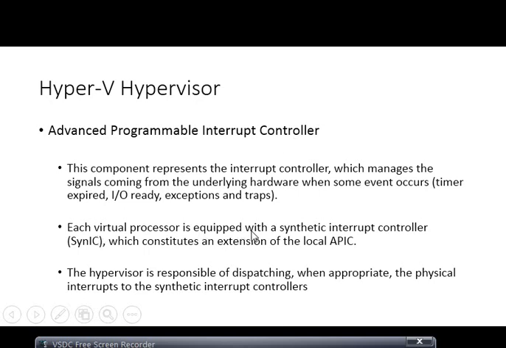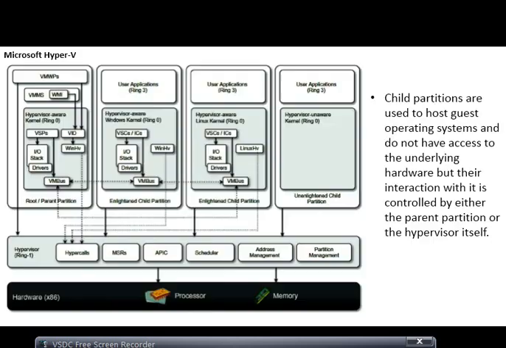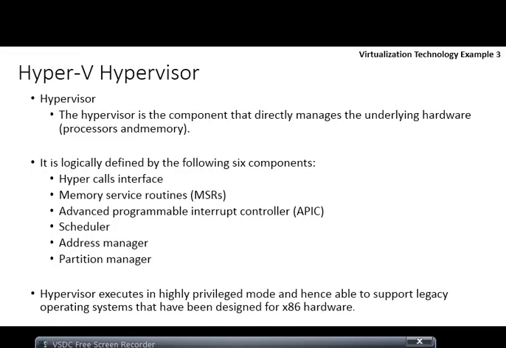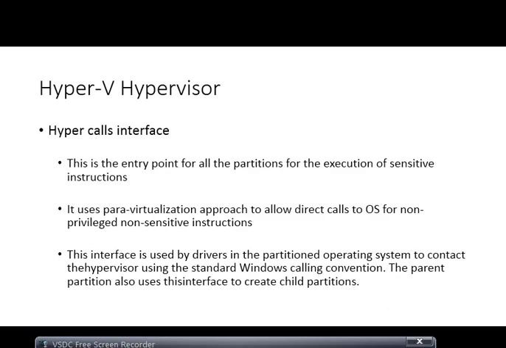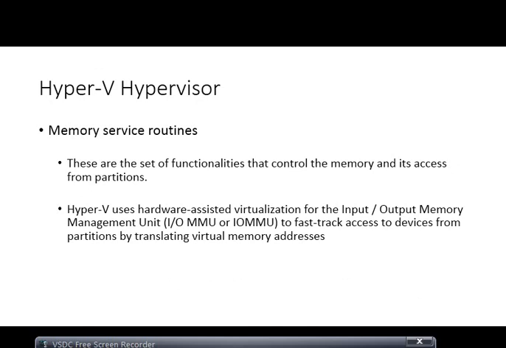Each virtual processor is equipped with a synthetic interrupt controller, which constitutes an extension of the local APIC. Okay, so each virtual machine will have a virtual processor, and there will be a synthetic interrupt controller, which is like a virtual interrupt controller for each virtual machine.